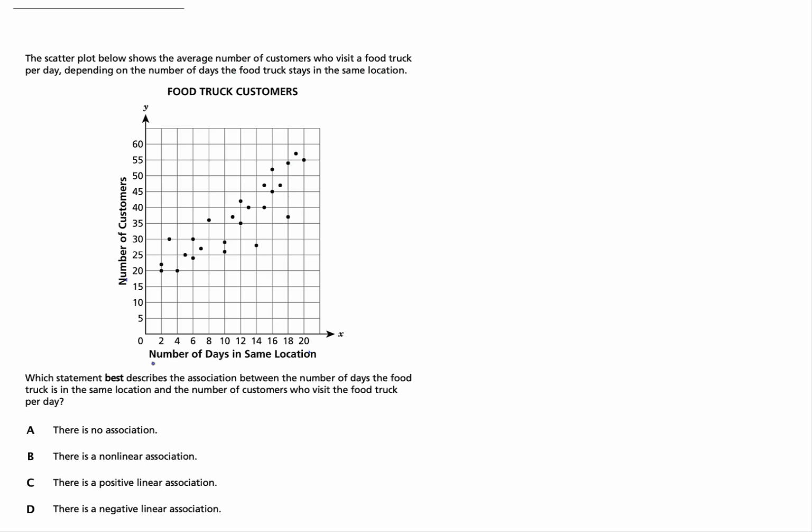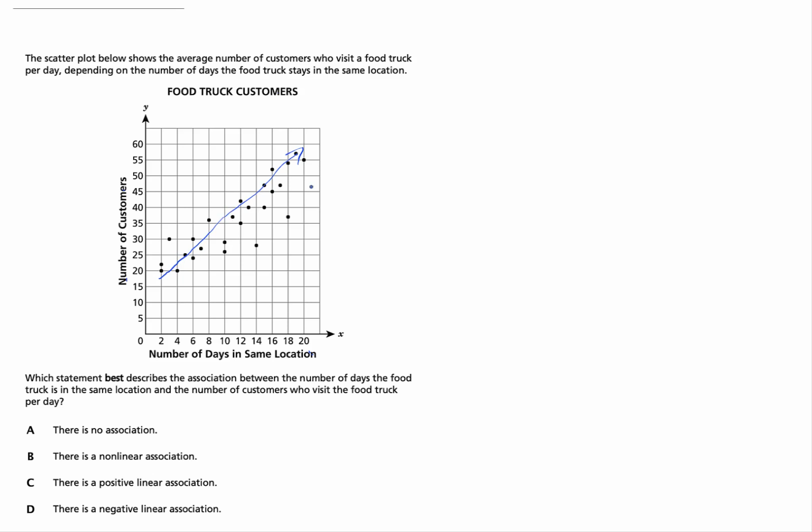On the x-axis, you have the number of days in the same location, and the y-axis is the number of customers. Now, I look to see the direction that my points are going, and you look from left to right, and I notice that they're all going uphill, and they're all kind of clustered together.